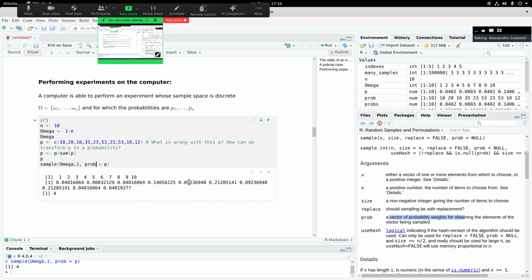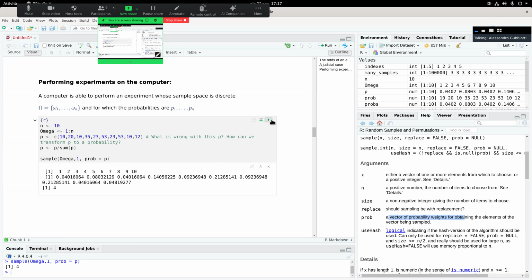It maintains the proportion since we are dividing each weight by the same number, which is the total mass, the sum of p. The computer will give us an element which is random. It performs an experiment and gives you this elementary event, 8. So we have something that reproduces our model that we explained in the last lectures.